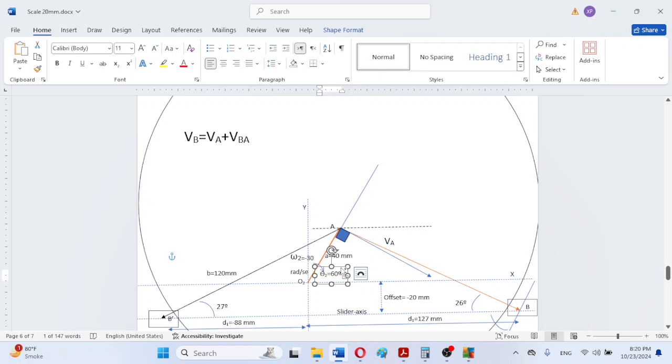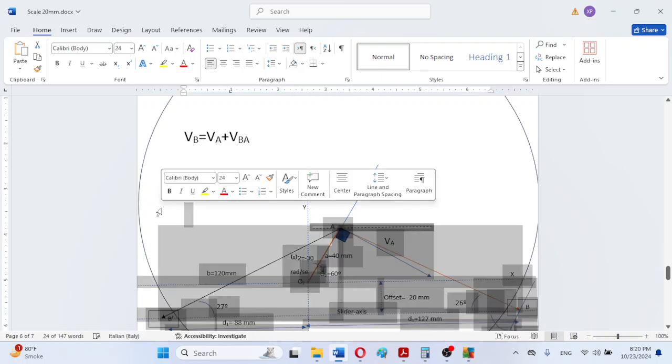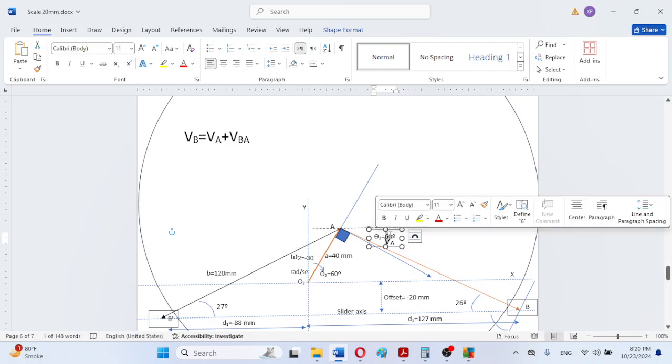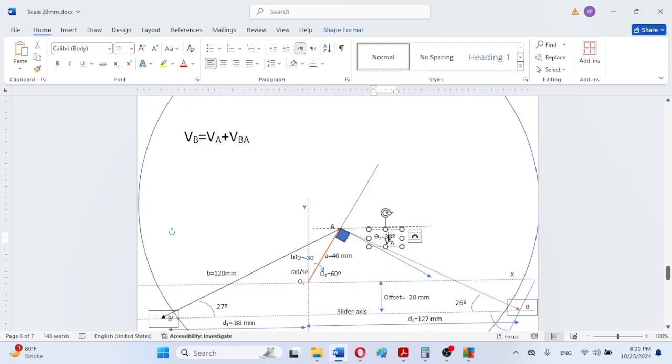We can copy this label from here, paste it there, and change it to 30 degrees. We can move this VA label to where the velocity VA vector is, and again use the arc symbol from here so that the angle is mentioned like this.